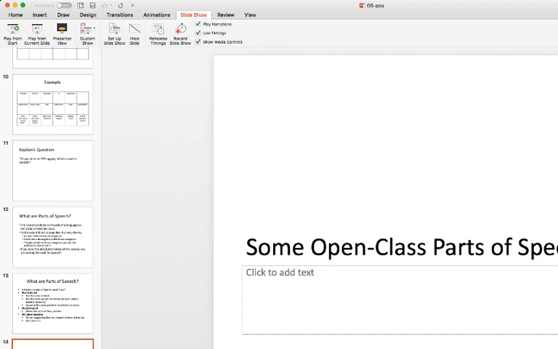So you can coin new open class words. Closed class words are ones that you can't make up new instances of. They can develop over time, but it's very hard to introduce a new closed class word.